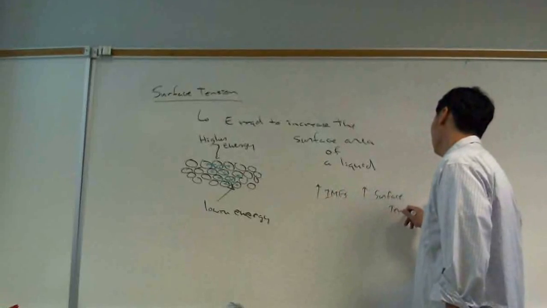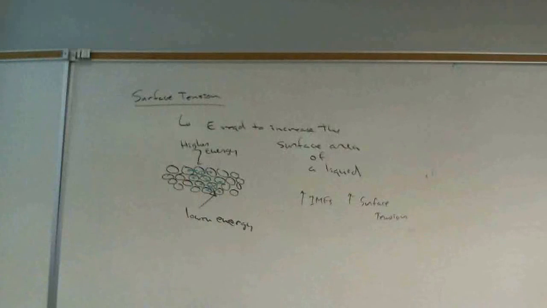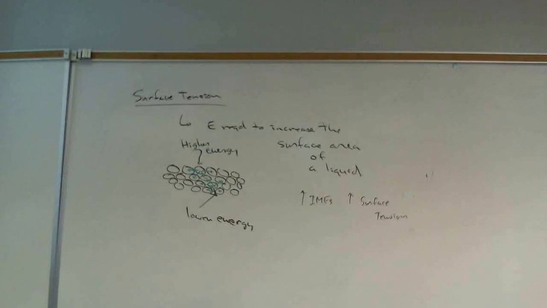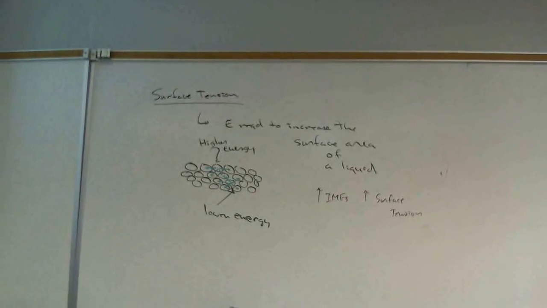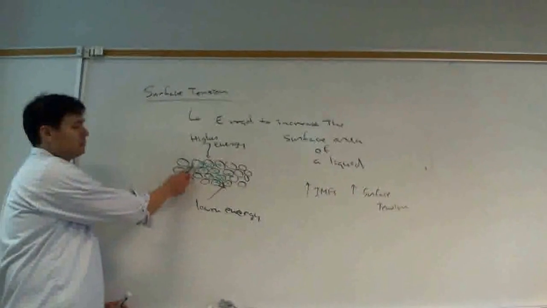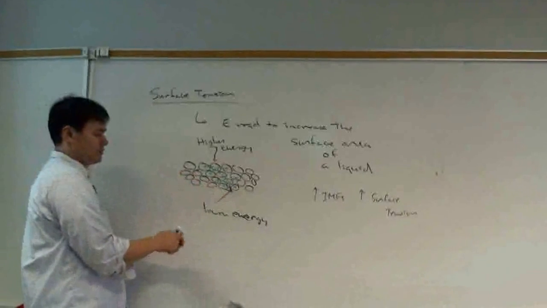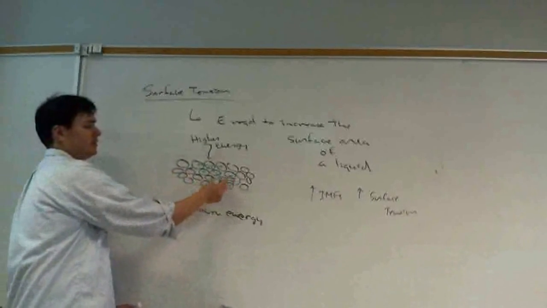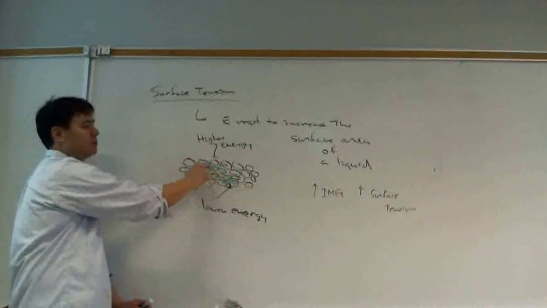If you count this, this is 1, 2, 3, 4. This is 1, 2, 3, 4, 5, 6. So we have to eliminate some of those in order to bring this molecule to the surface.